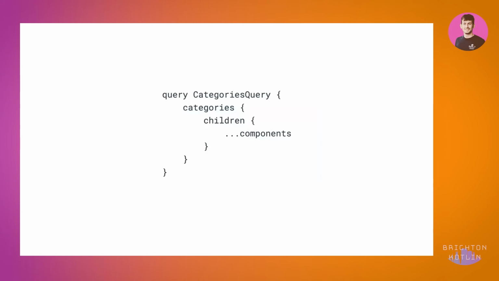So again, the query we're focused on here is the one we looked at in the previous section, one that can be used to retrieve the presentation for the category screen. And this is based on querying the collection of UI components that make up that presentation. So with this defined inside of those files, when we build our project, Apollo Android will generate a query class for us that we can use to execute.